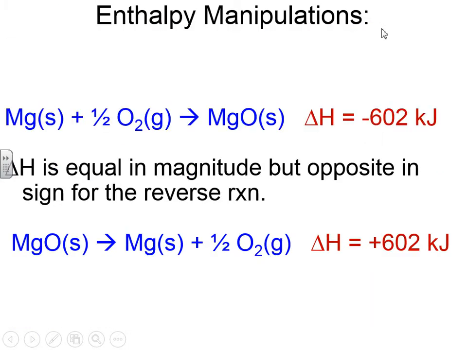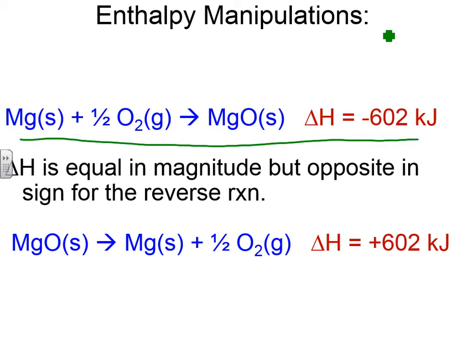You can also reverse the reaction. So here we have the original equation, the one that has just 1 mole of magnesium. And here it says delta H is equal in magnitude, but opposite in sign for the reverse reaction. So if you simply flip the equation, notice here I have magnesium for the reactants, magnesium oxide for the products. If I flip it to where the magnesium oxide is the reactant and magnesium is the product, then I simply change the sign from a negative to a positive.